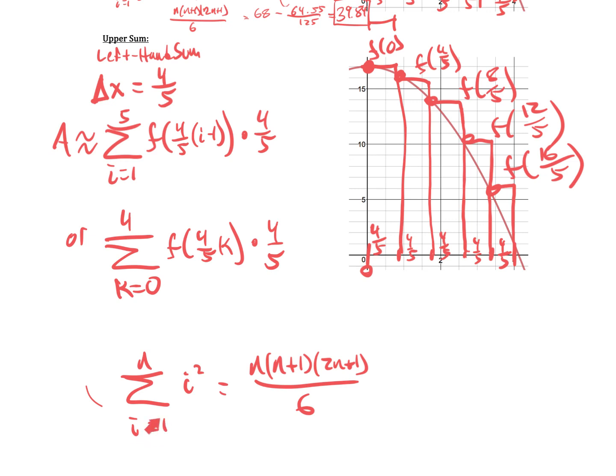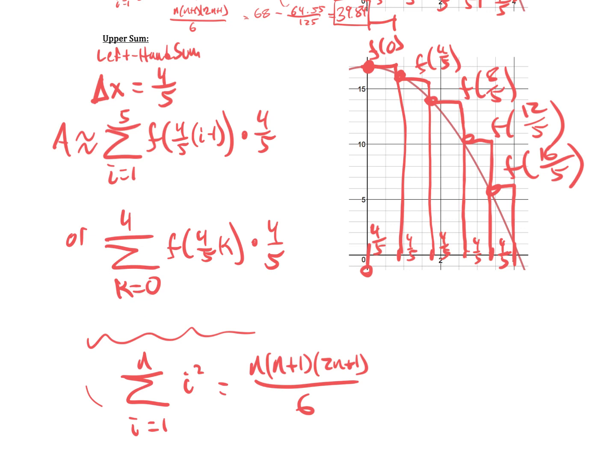But notice this has to start at 0. We won't go into many more different ways in more advanced math. You could peel off the first term and get it to look like this. But keep in mind that this formula has to start at 1. You can't use this formula in this case if you start at 0. You have to do some more work.